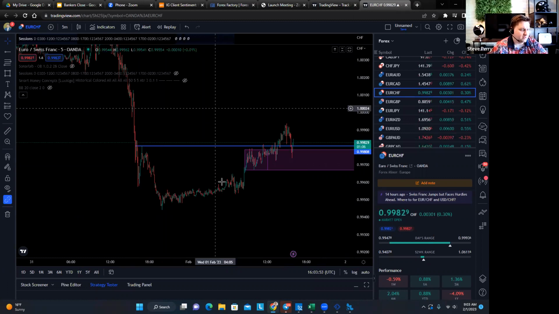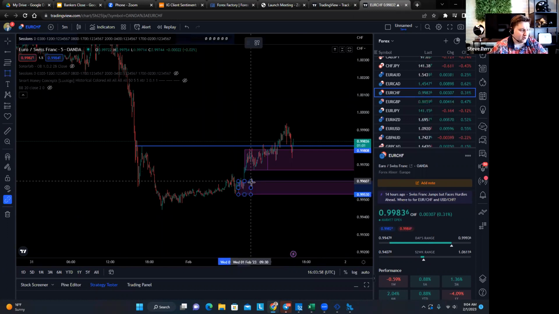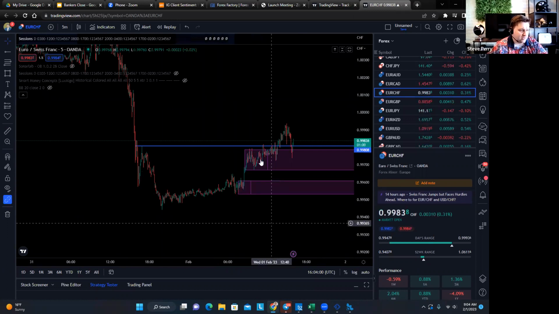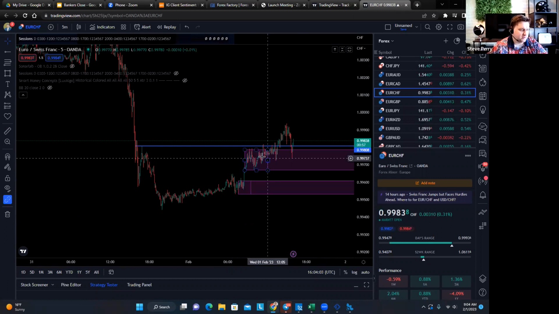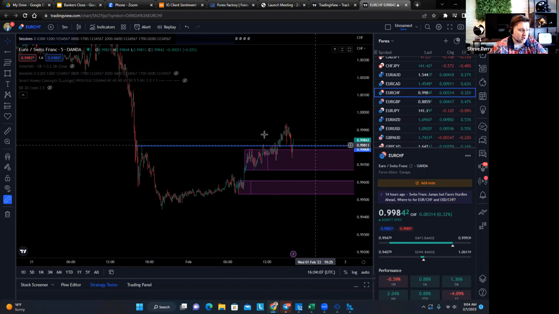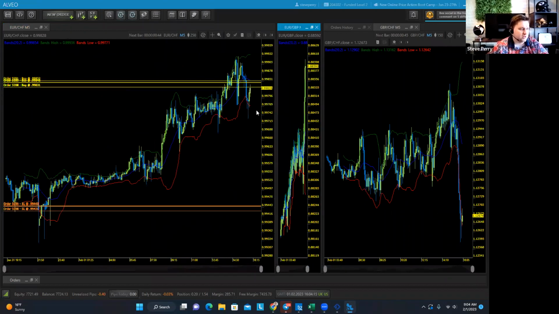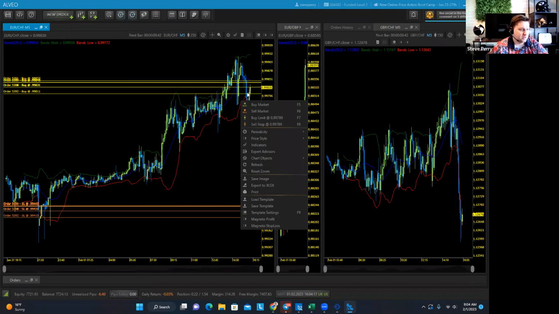So the buys make sense. Another area where buys would make sense would obviously be down here, but I specifically like this area because this is the accumulation that created this break right here. So long on the euro franc looks good to me. In addition, I would be interested in putting some buy limits along the way.